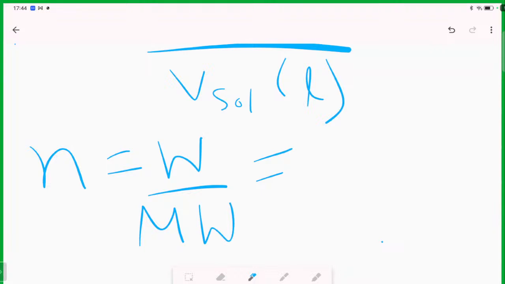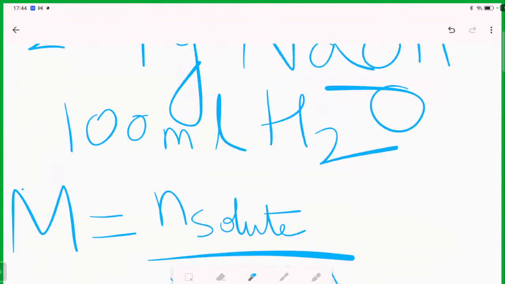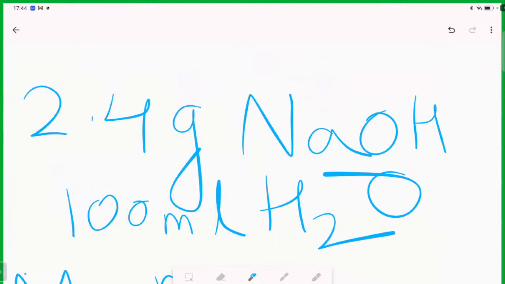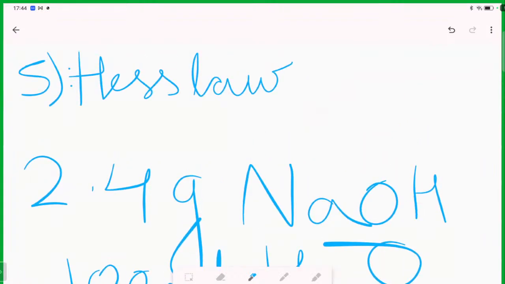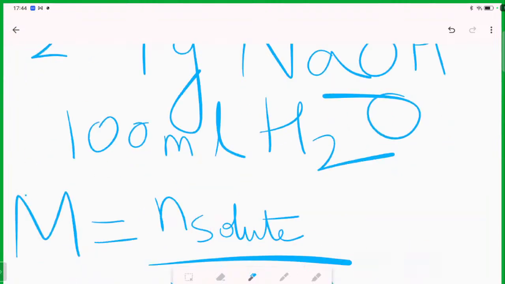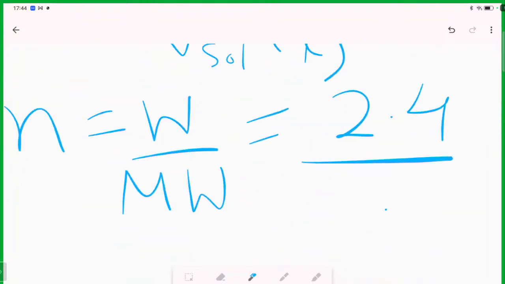Given weight is 2.4 grams, by what is the molecular weight? NaOH. Let's find the molecular weight. Na is sodium. It has 23 weight plus oxygen has 16 plus 1. Total 40. So 40 grams is the weight of NaOH.